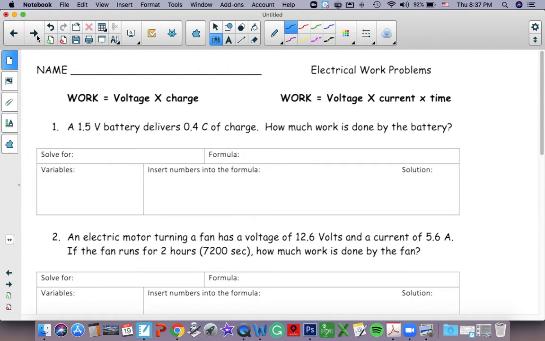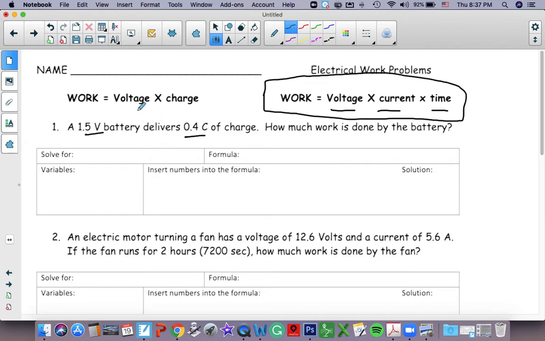On to worksheet 2. So we're going to be using our new equation here a little bit. We have to pay attention if we have voltage, current, and time in the equation. That's how we can figure out how much work is being done. This one is just volts and charge, so we're going to be using that formula, just like on the last worksheet.